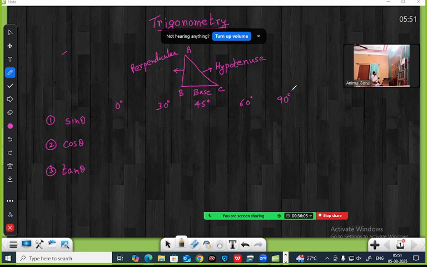Now I will find the definition of sin theta. We know that sin theta is equal to perpendicular by hypotenuse, and cos theta is equal to base by hypotenuse, and tan theta is equal to perpendicular by base, right?